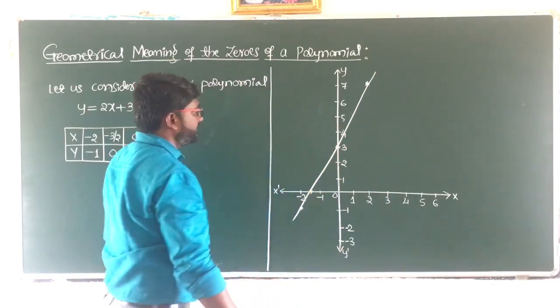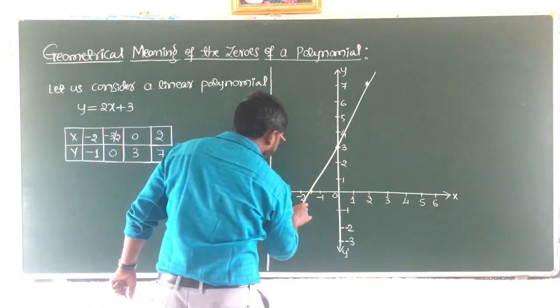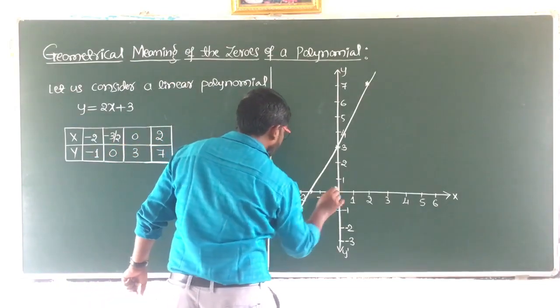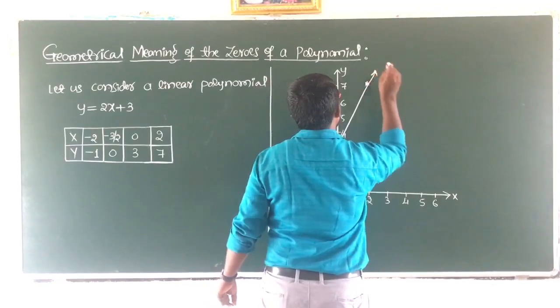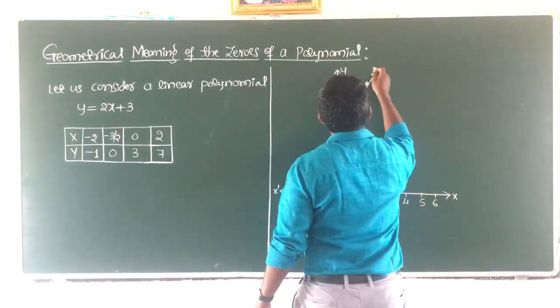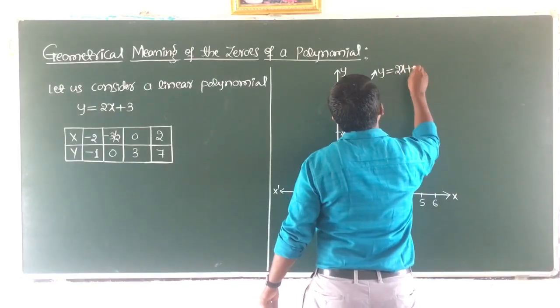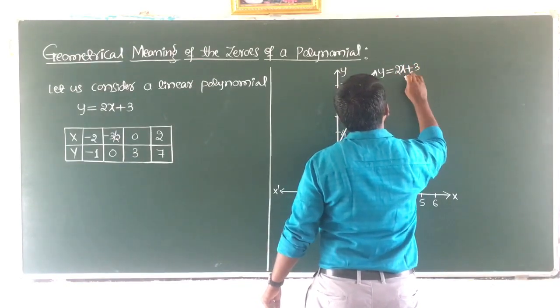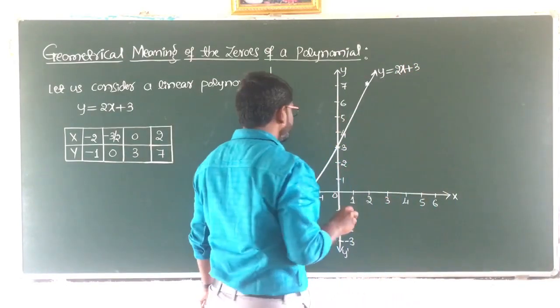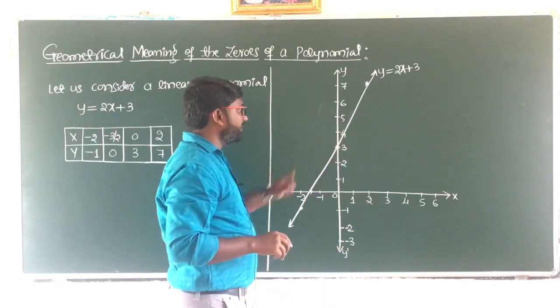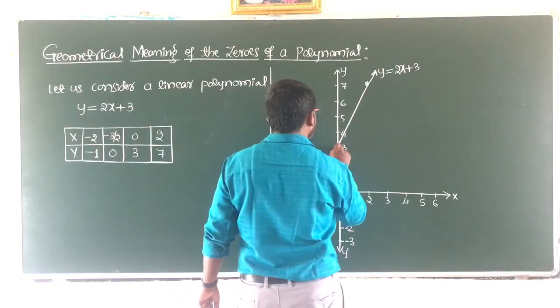So, you draw this in the graph, you get an exact straight line. And here I mentioned the equation, that is y equals 2x plus 3. So this point is going to be 0, 3.